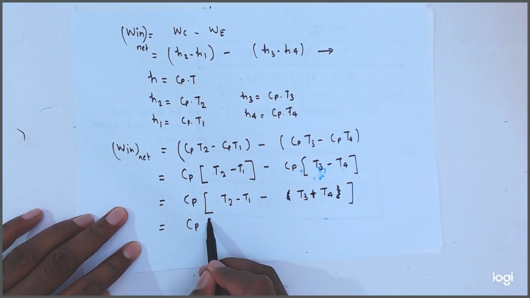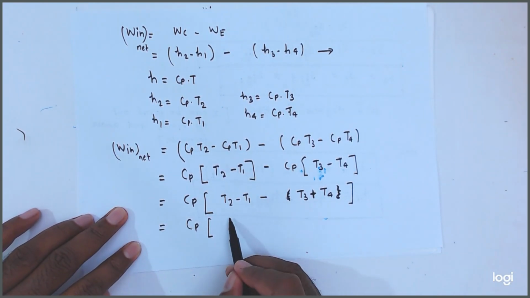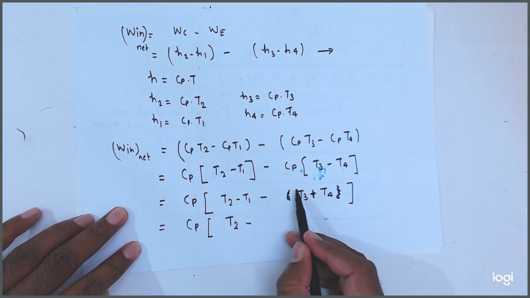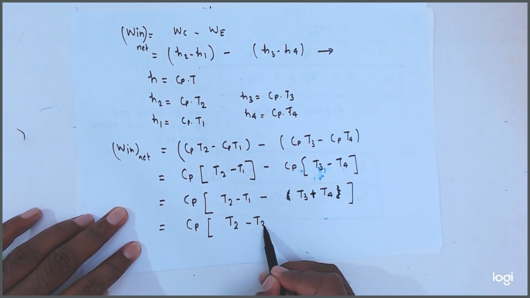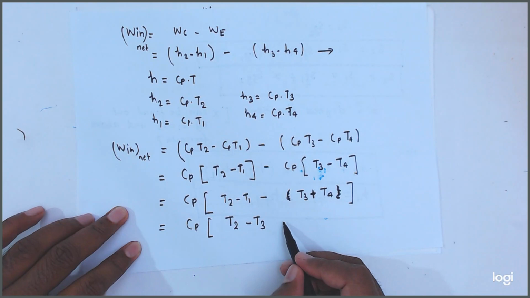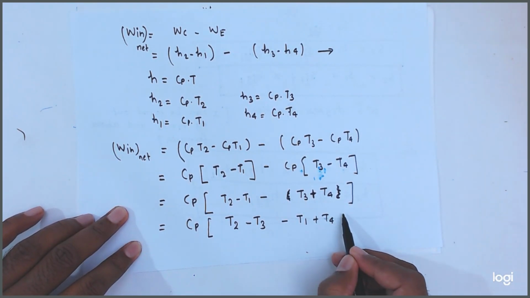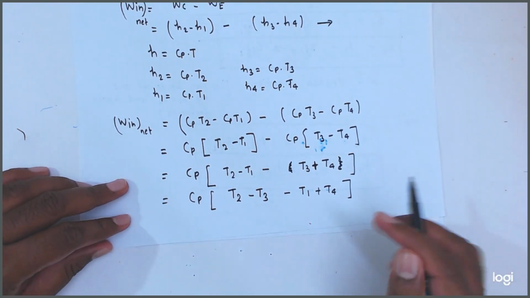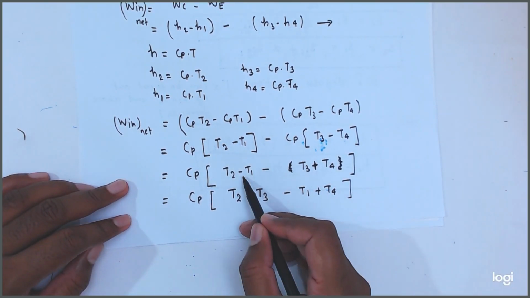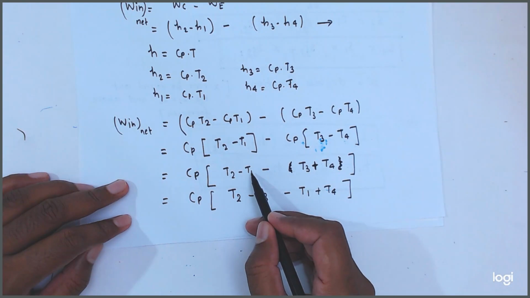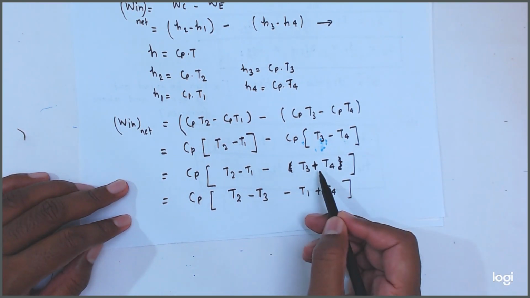Now here we take common: T2 minus, combining T3, and here minus T1 plus T4. I just moved this minus term, and this minus T1, here.